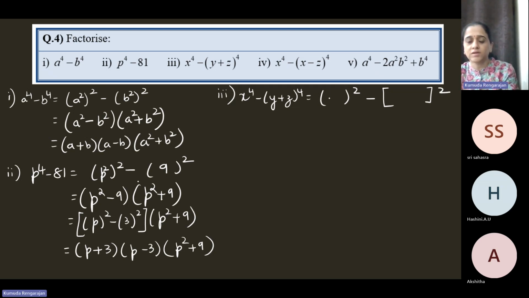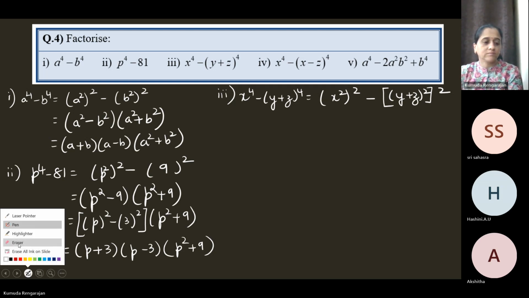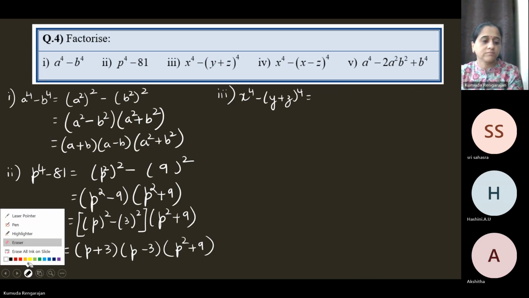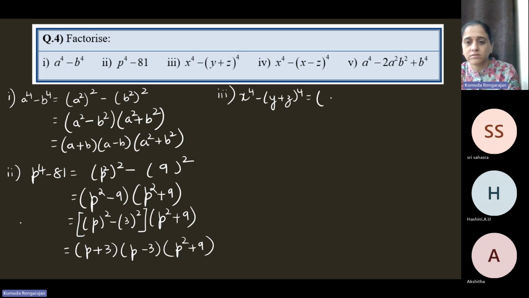x squared minus y plus z the whole squared, because 2 into 2 is 4.